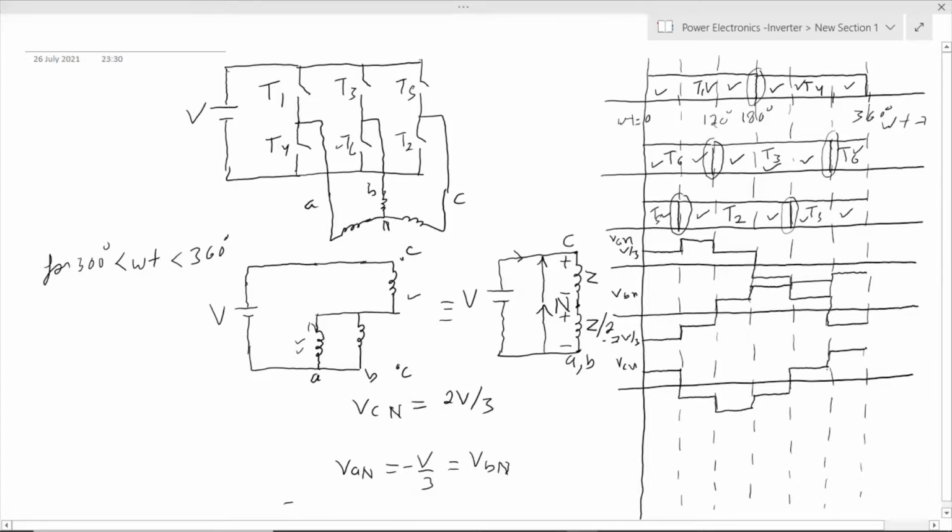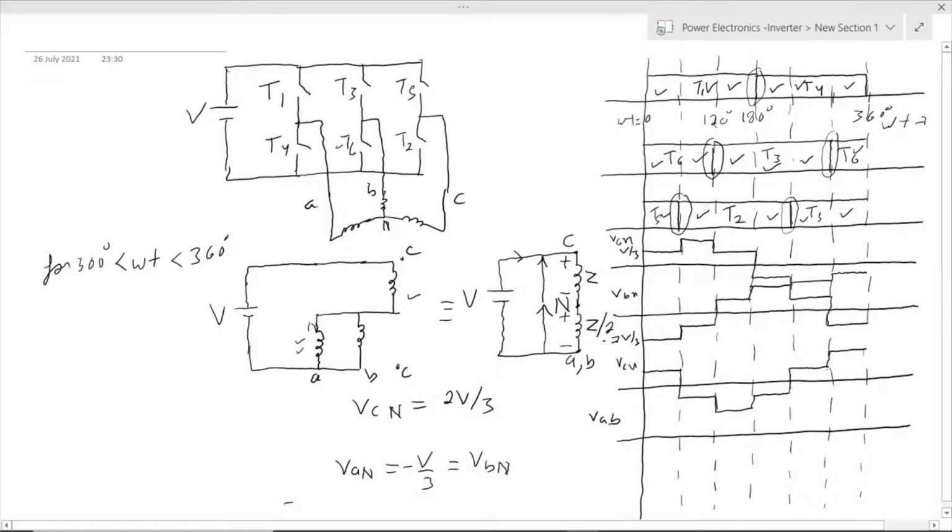Fine. So now these are phase voltages, the voltage between phase and the neutral. Now we can draw the line voltage. Line voltage is what? VAB. VAB means VAN minus VBN.